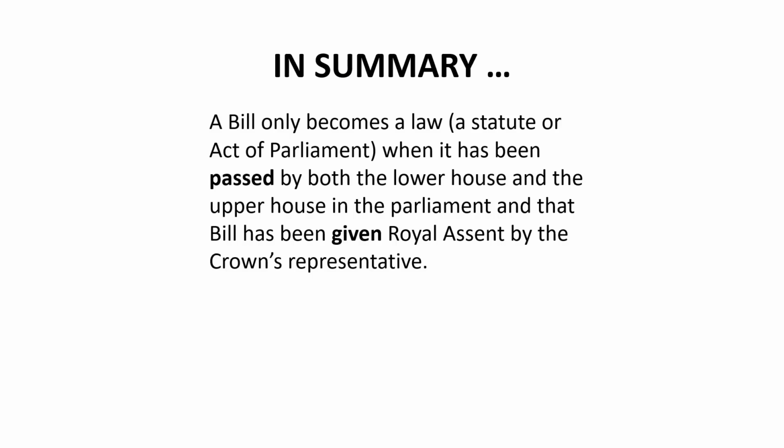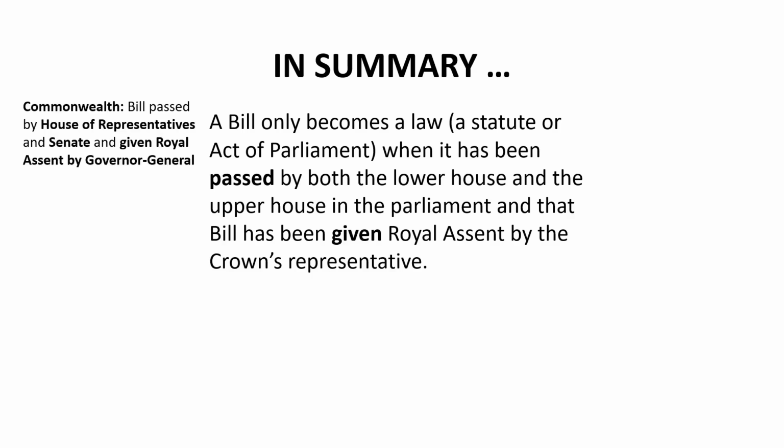In summary, a bill only becomes a law, a statute or act of Parliament, when it has been passed by both the lower house and the upper house in the Parliament, and that bill has been given royal assent by the Crown's representative.